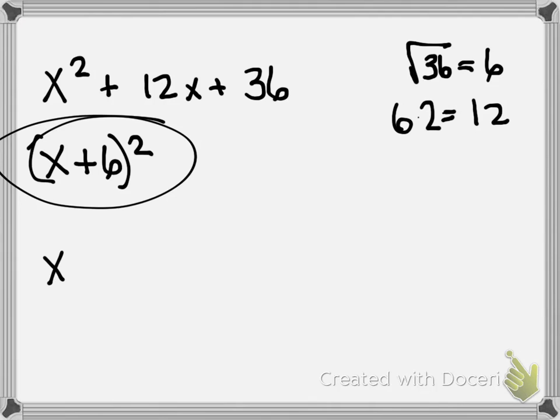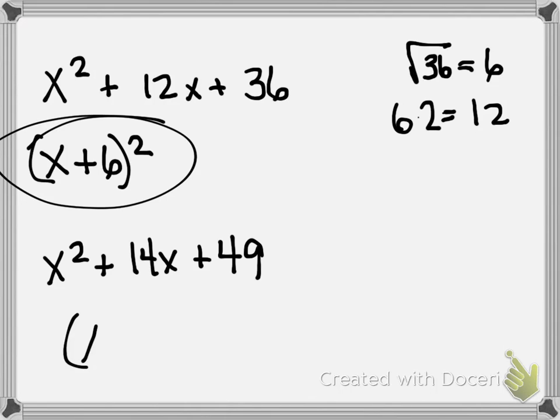So what about this one? See if you can do it on your own. Look for the relationship of the square root and the double, and that will factor directly to x plus 7 quantity squared.